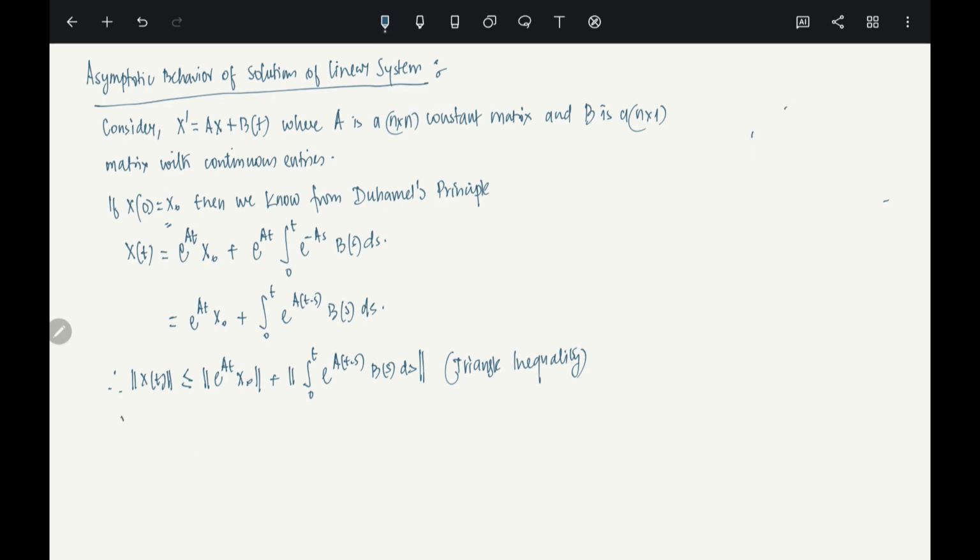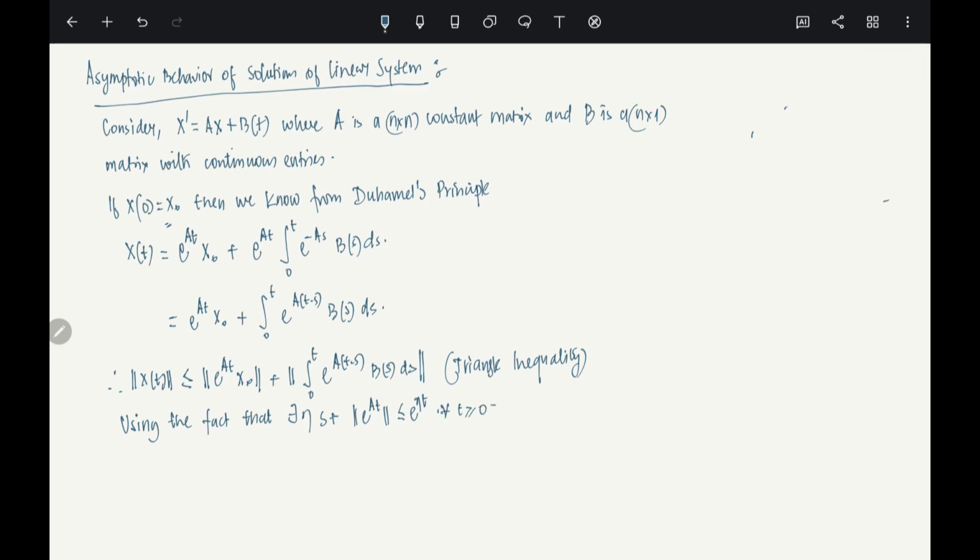Using the fact that there exists an eta, it can be positive or negative, such that the norm of e to the power A t is dominated by e to the power eta t. This holds for all t greater than or equal to 0.